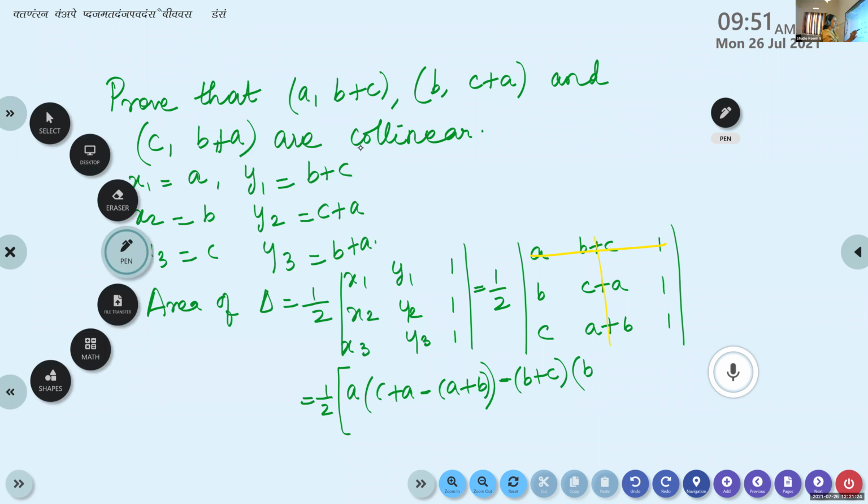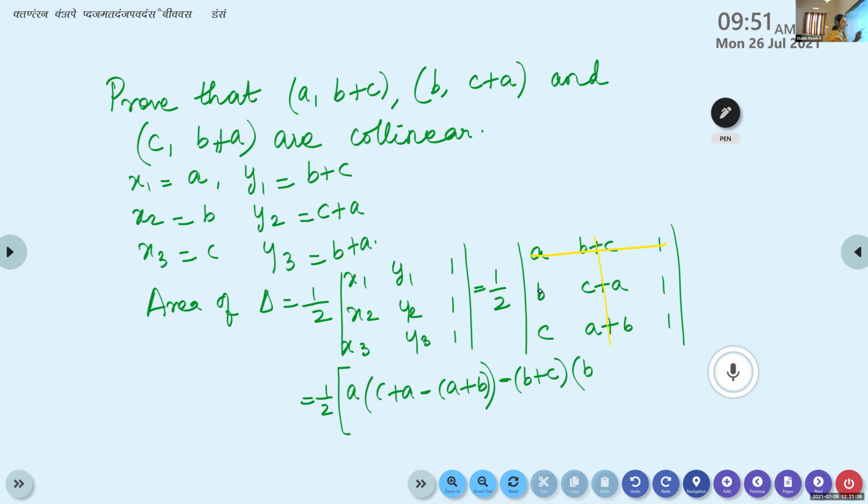First we have to do this. Okay, 2 by 2 determinant, how will you expand? b into 1 is b, minus 1 into c is c, b minus c. Then give the next one.